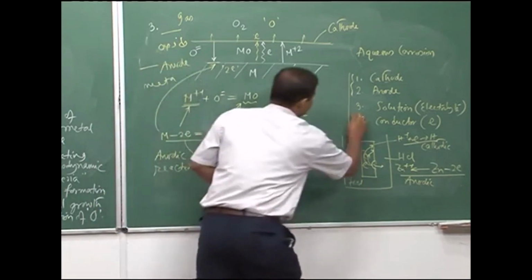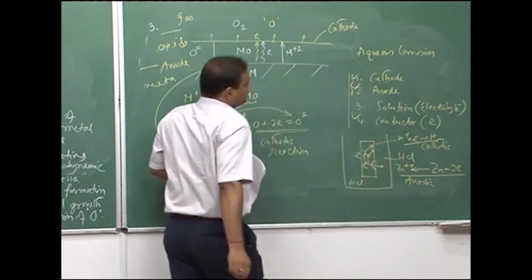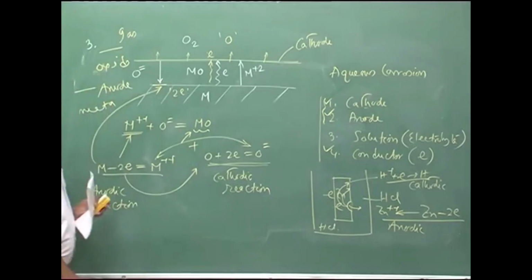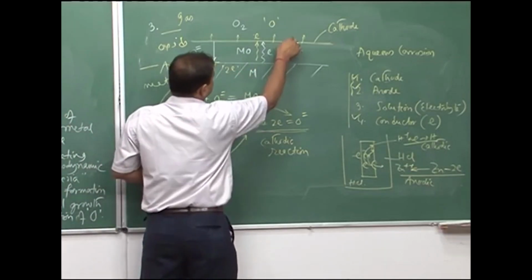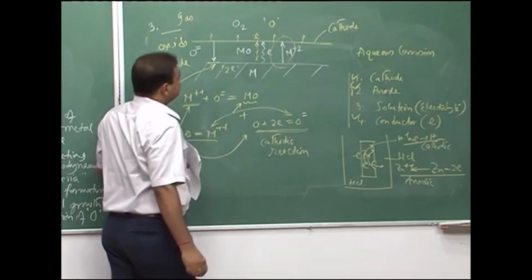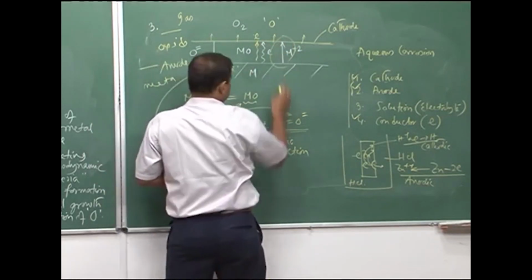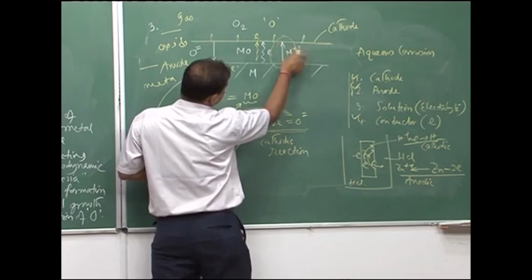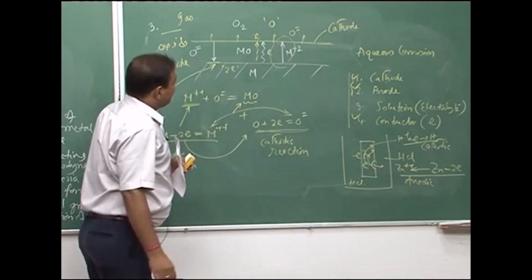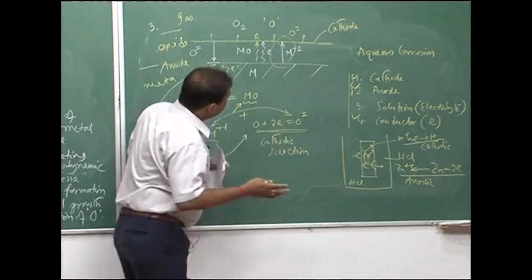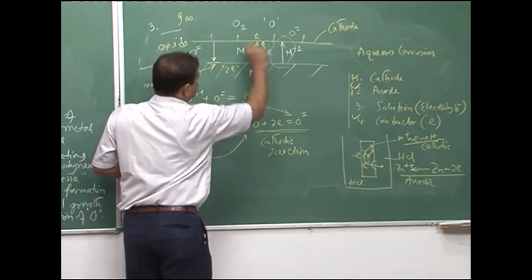So, this is also done, this is done, and this is also acting as the electrolyte. If this process is happening on this surface, we have the oxygen ion, and then the metal ion can go through this oxide layer.